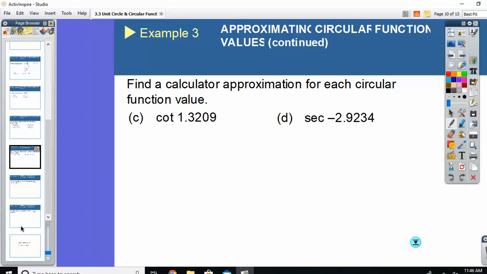How would I do cotangent? We're not doing the inverse, we're just doing regular tangent, regular cotangent, so all you have to do is 1 divided by the tangent of this.